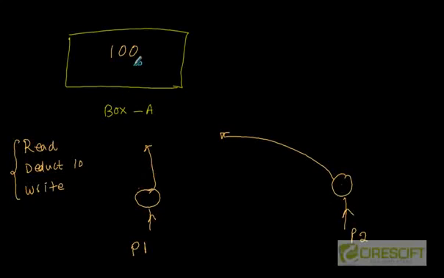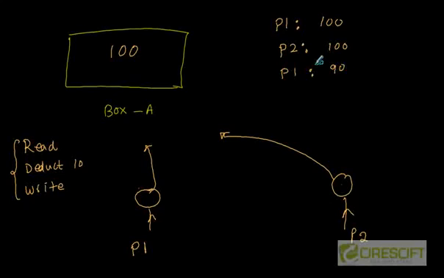P1 sees that the first operation is read. So P1 reads 100, and then P2 goes to the box and P2 also reads 100. Then P1 does the deduction step, 100 minus 10, he makes it 90.